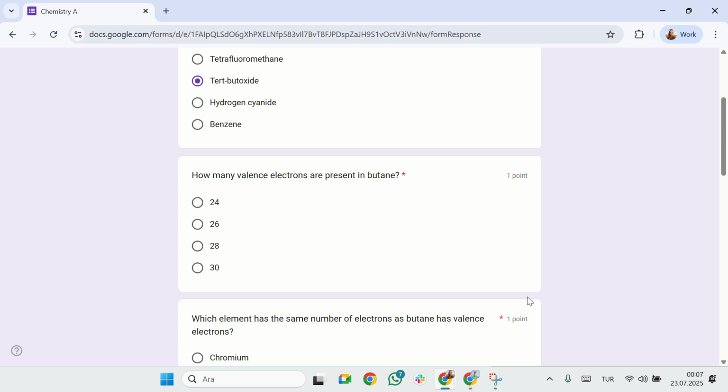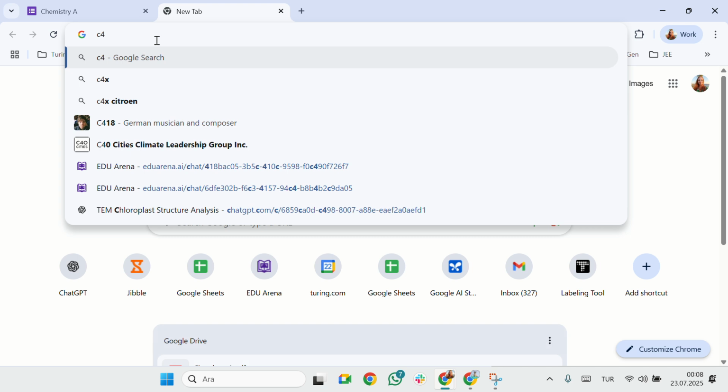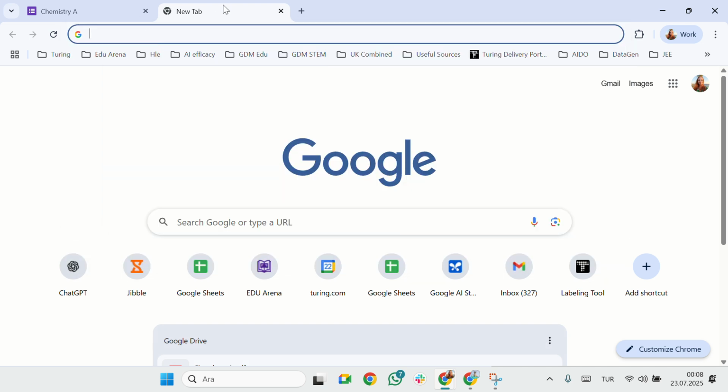I should have known what type of molecule, organic molecule is this, but let me think. How much time do I have left? Okay, 9 minutes. C4H, what should C4H? Okay, let me write this in here. Sorry, I'm not trying to search through Google. I'm just trying to see how many hydrogens can we combine with 4 carbons.